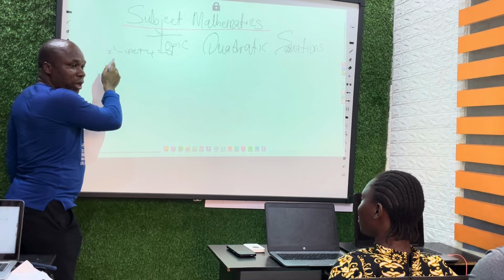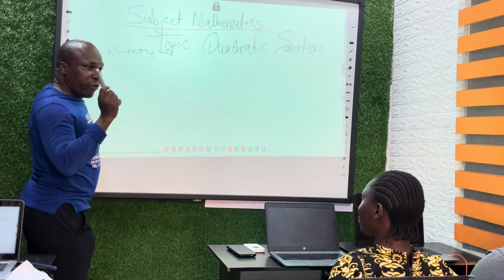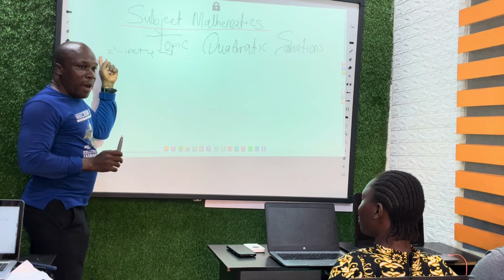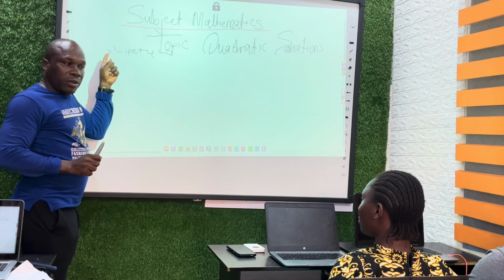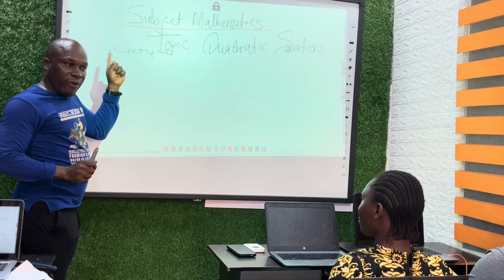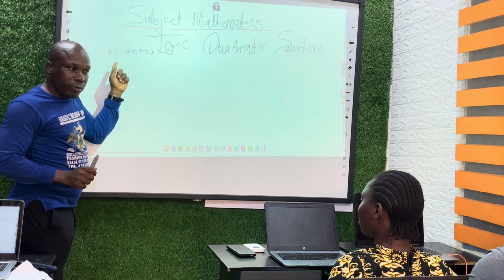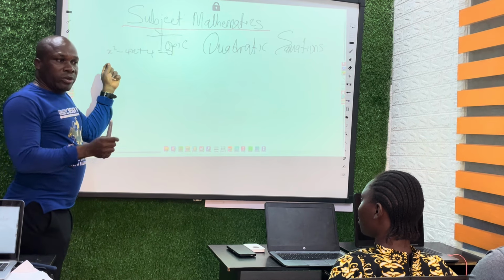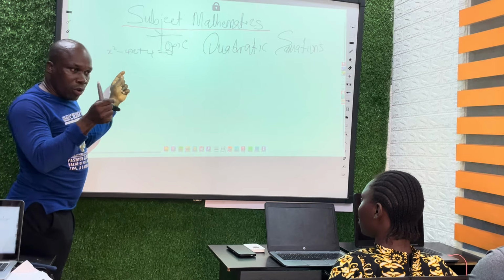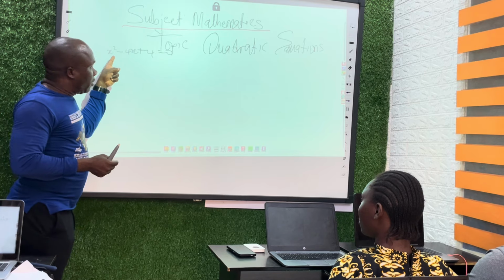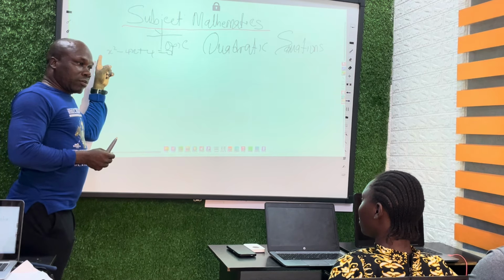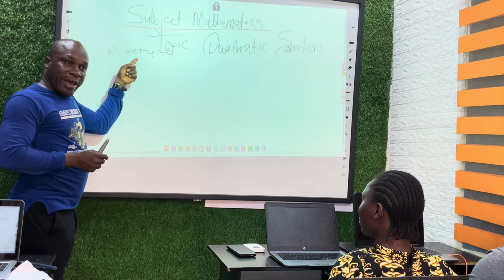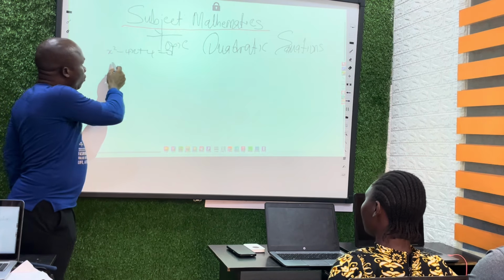Who can tell me the coefficient of x squared? I said a coefficient is that very number that's attached to the letter or alphabet in the equation. The number or the value or the figure that is multiplying the alphabet, either x squared or x, is called the coefficient.